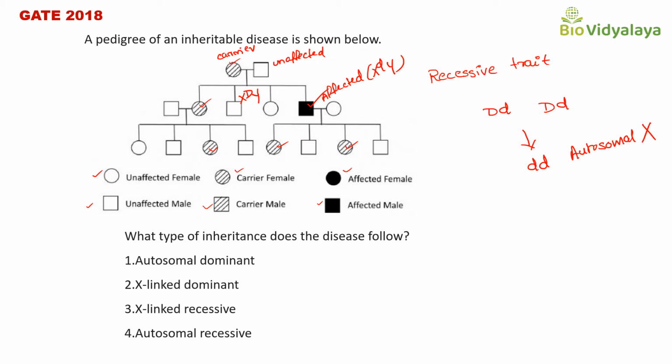The normal female we can represent as XDXD and the carrier female as XDXd. Okay. So this trait is an X-linked recessive trait. So the correct answer is option 3, X-linked recessive.